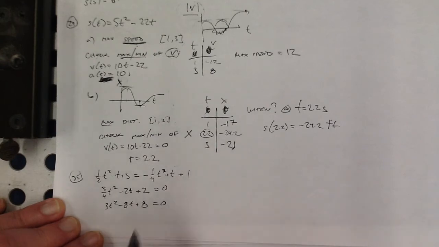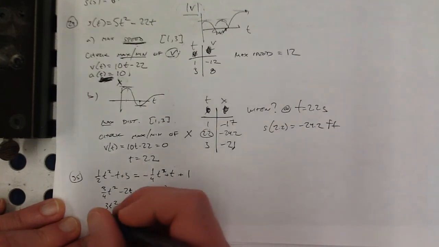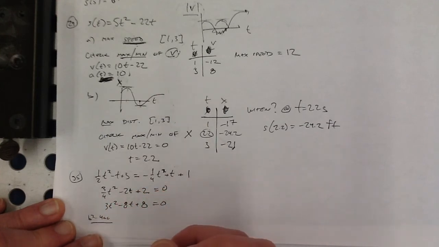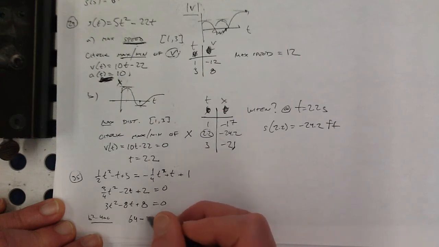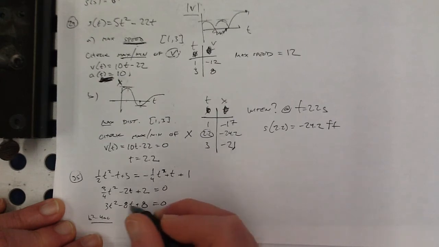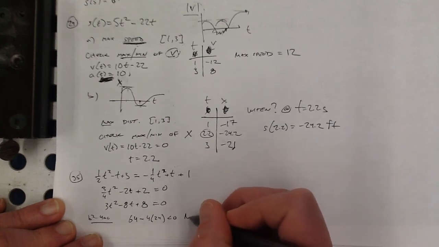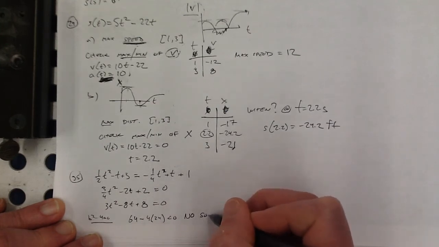And this has no solutions if the discriminant is negative. So I'm just going to check that b squared minus 4ac and see if that's positive or negative. So that'd be 64 minus 4ac. That's negative. So there are no solutions to that.